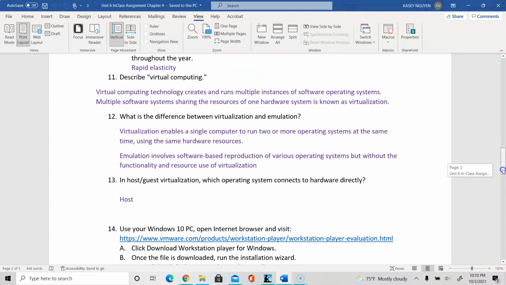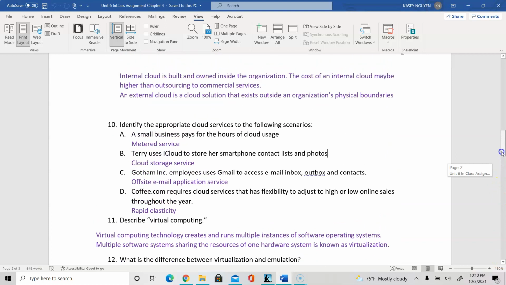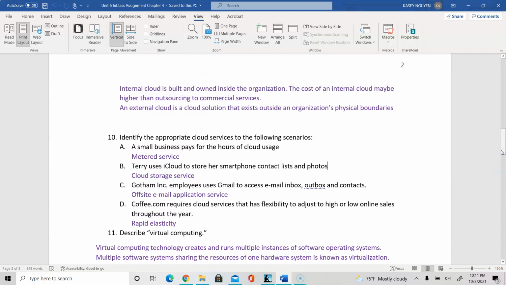And then for D, Coffee.com requires cloud services that have flexibility to adjust to high or low sales throughout the year, and that is considered rapid elasticity. So when you see a cloud service provider stating elasticity, that means that they're able to make adjustments for the usage based on what the company would use, sometimes high or sometimes low.